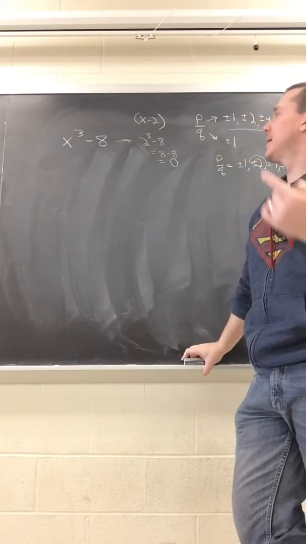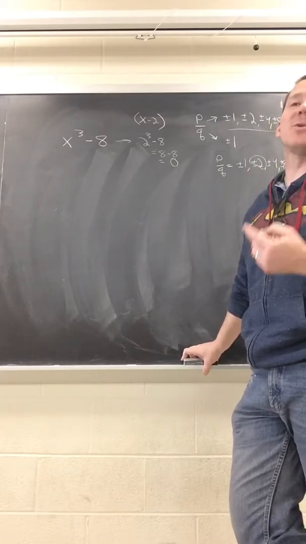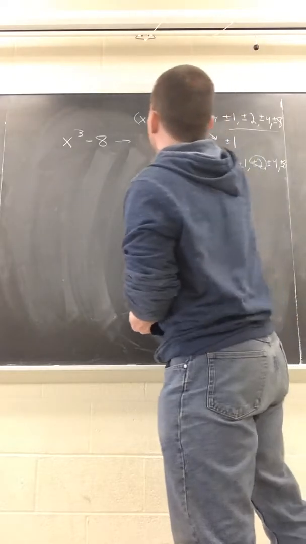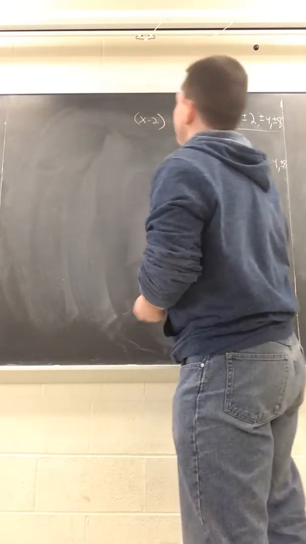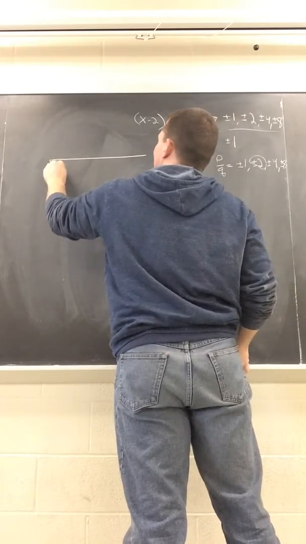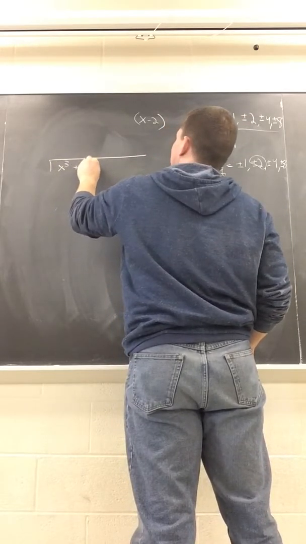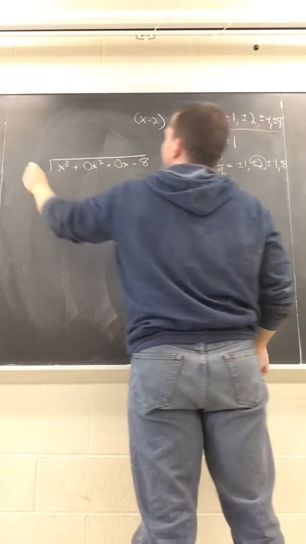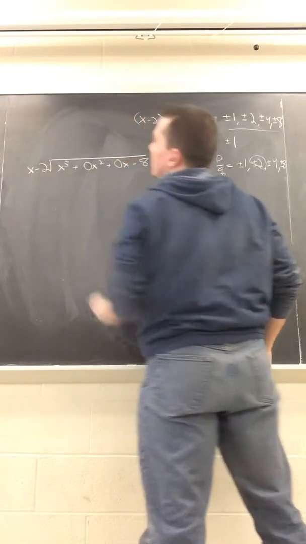Once it's a quadratic, well then I can just solve it with the quadratic formula and find the other 2 roots. So, to see how this works, we'll do our division. Keep in mind we'll need placeholders. So we'll have x cubed plus 0x squared plus 0x minus 8 divided by x minus 2.